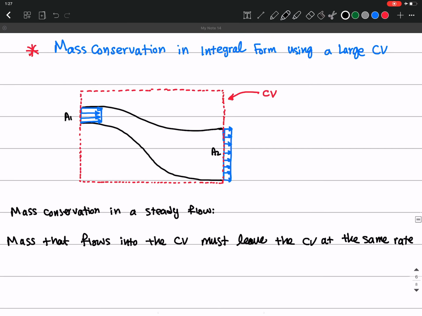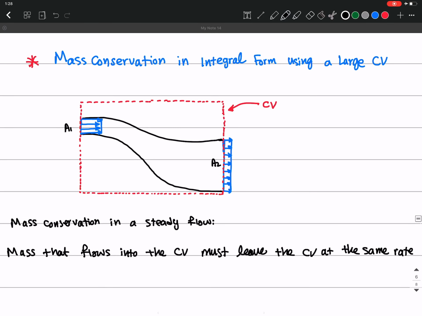Okay. So let's see what is the mass that flows into the CV. Here at section 1, the velocity of the flow is V1 and the density is rho 1. And here at section 2, the velocity is V2, and we can assume that the density is also changing as rho 2 to make it general.